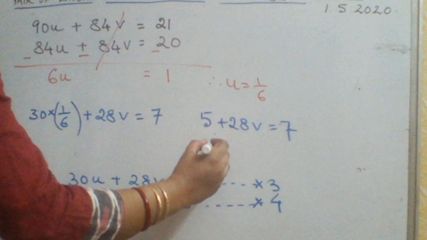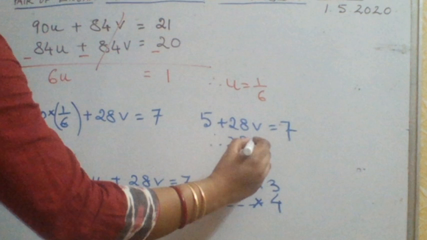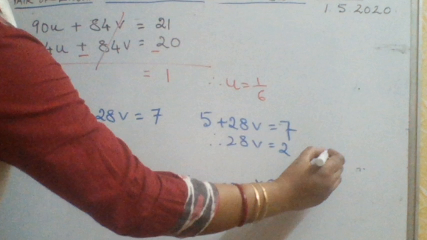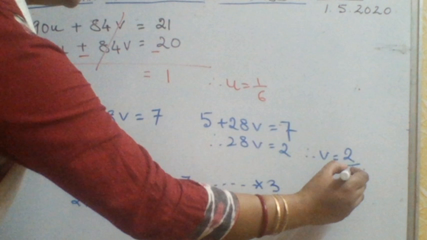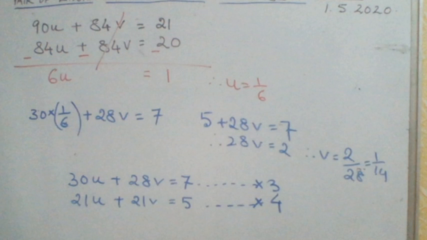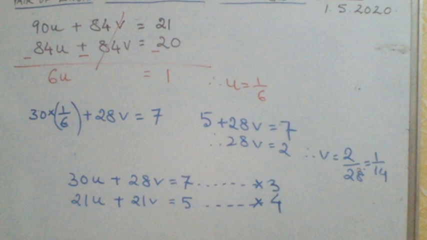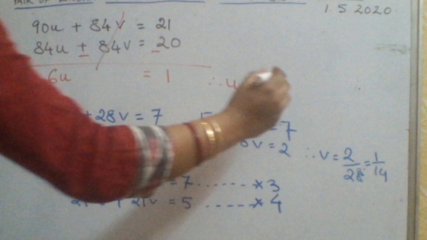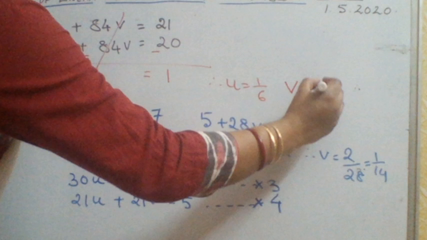Therefore 28v equals 2, or v is equal to 2 upon 28, that is equal to 1 upon 14. So u equals 1 upon 6 and v equals 1 upon 14.